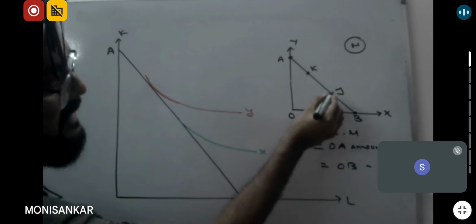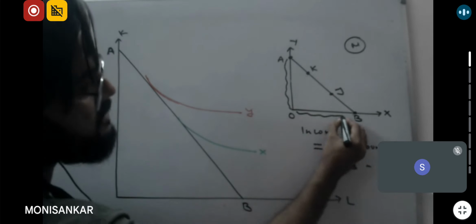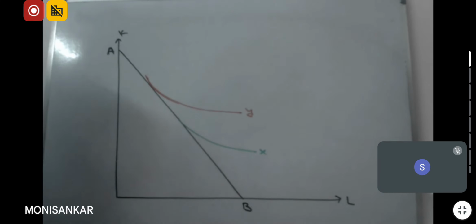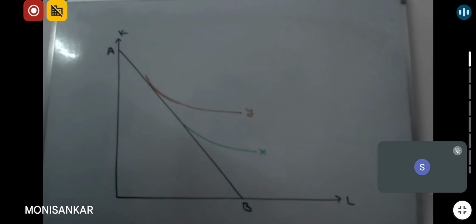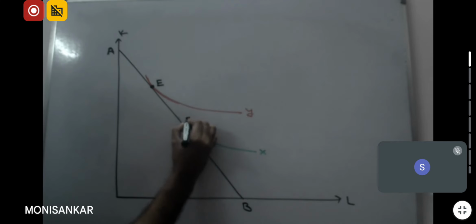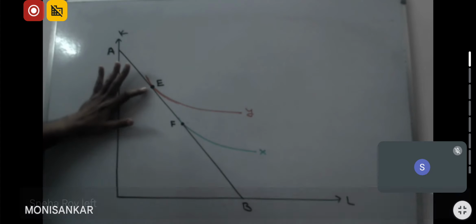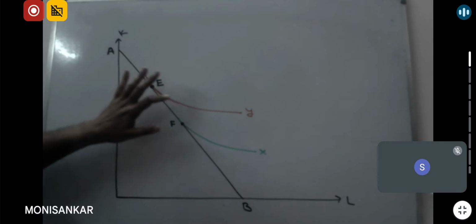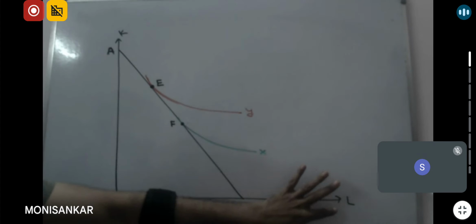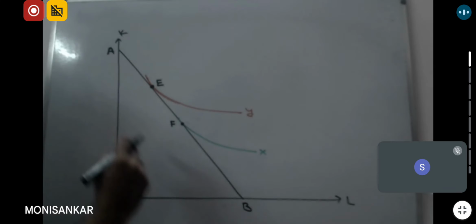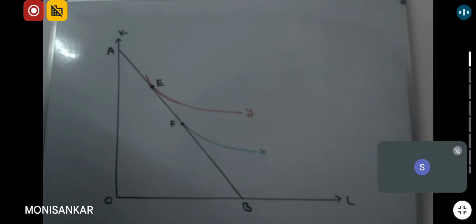Similarly, if kj is equivalent to this amount of y or this amount of x, then if we consider any point like E or F, this implies your expenditure at E, to produce Y, your capital labor cost in terms of capital is OA, and in terms of labor is OB.